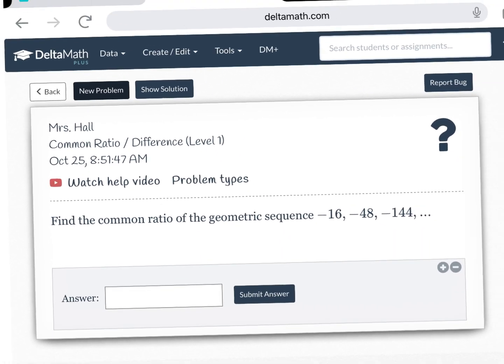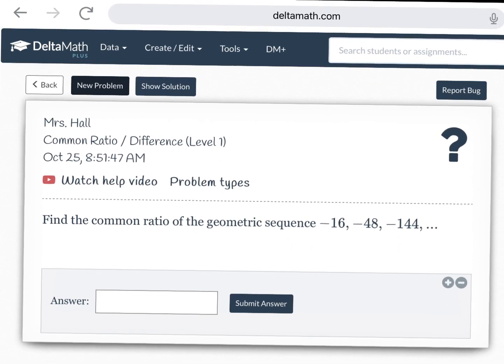If you get a problem, I'm still on the same section, but this time it says common ratio. That means I am multiplying. To find the common ratio, when you multiply, you take A2, so negative 48, and you divide it by A1, negative 16.